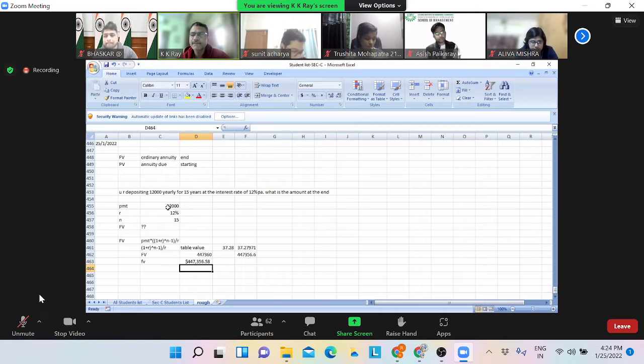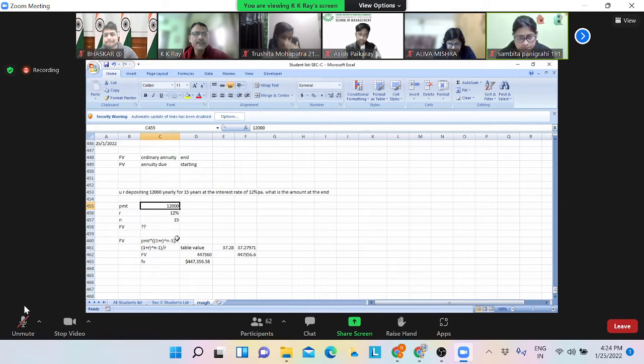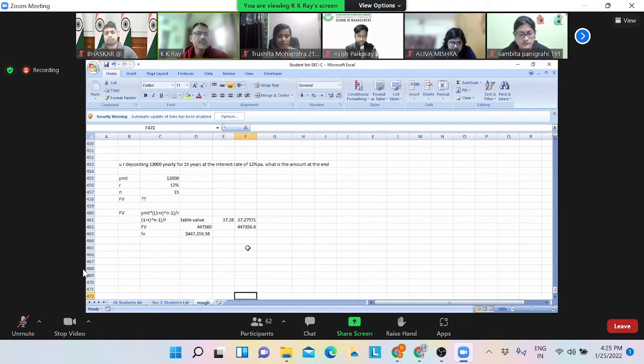Is it done? Everybody understood this part? If your PMT is there, this is how to get your table value. Instead of using the table, you can use this formula for calculating the annuity table value. This thing we missed last time.